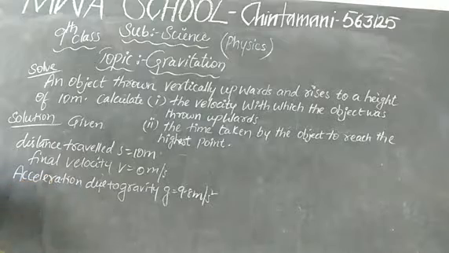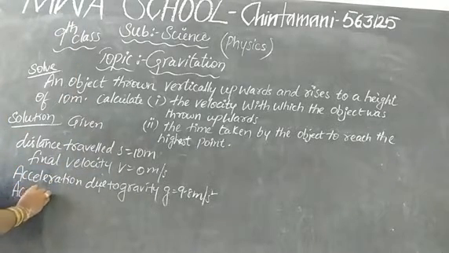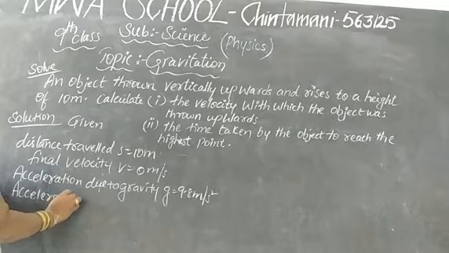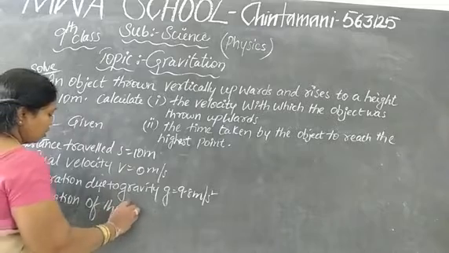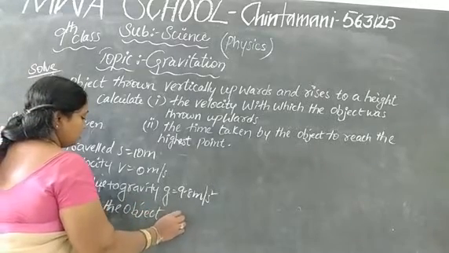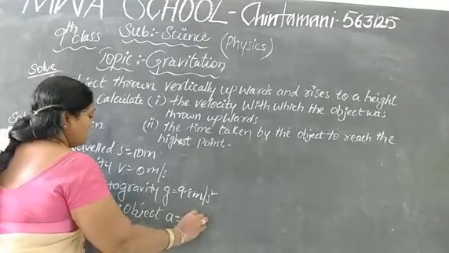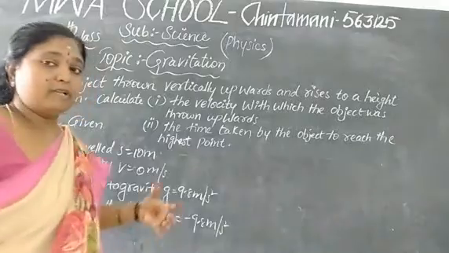When we are going to throw towards the upside, it will be the minus value. Acceleration of the object, A is equal to minus 9.8 meter per second square.